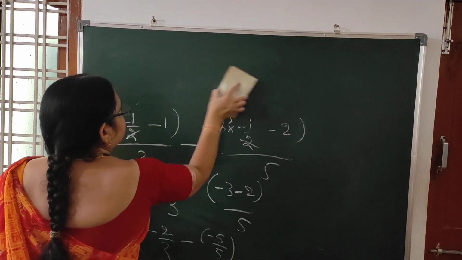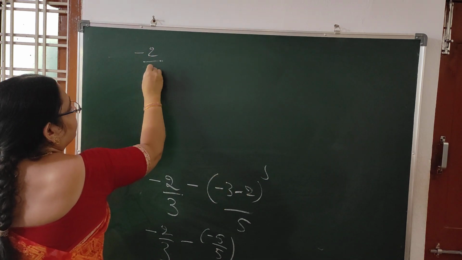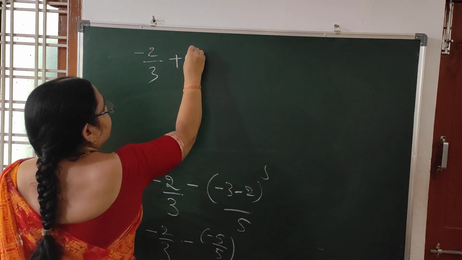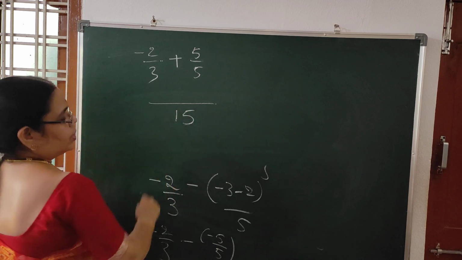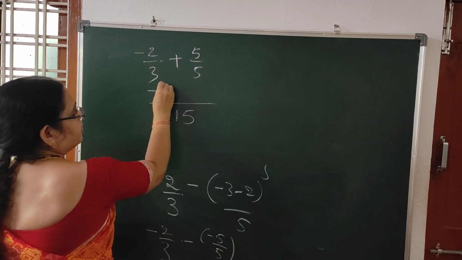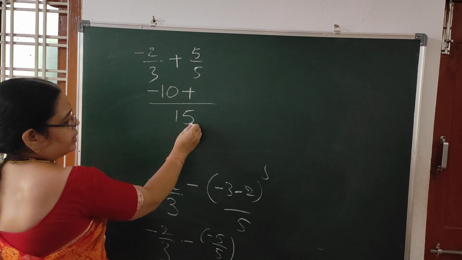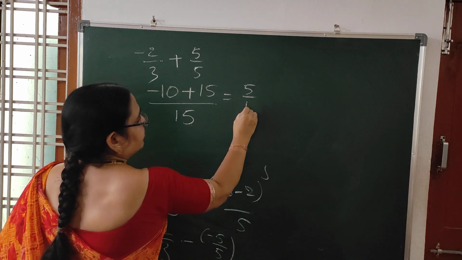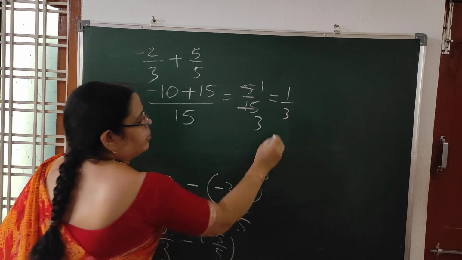Now what happens? Minus 2 by 3, and minus of minus becomes plus 5 by 5. LCM is 15, or if you take 1 you will get LCM 3. 3 5s are 15, 5 2s are 10, so minus 10 plus 5 3s are 15, that is 5 by 15, which is 1 by 3.